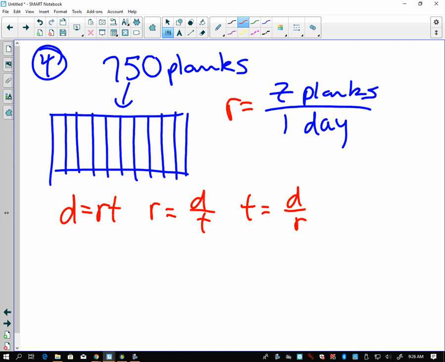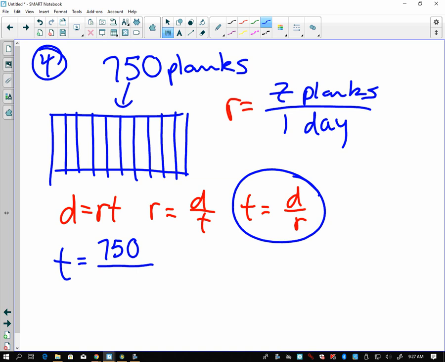All right. So if we're asking how many days, what am I trying to solve for? Am I solving for T, R, or D? T. We're trying to use this equation right here. Time equals planks over my rate. So time, how many planks do I have? 750 planks. What is my rate? Z over 1.